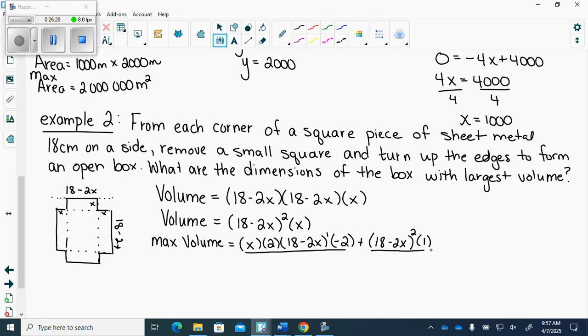I can take a GCF out of it, 18 minus 2x. And then I'm left with negative 4x plus 18 minus 2x, actually. So I get 18 minus 2x times negative 6x plus 18.